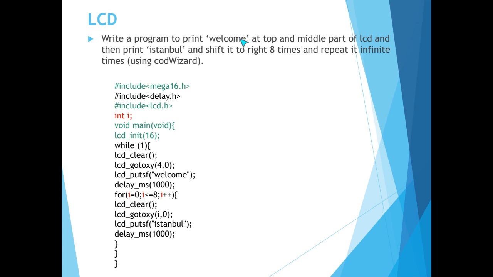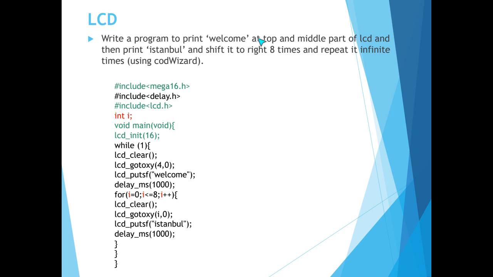But because our columns, as I said, are integer numbers starting from 0 to 15, the value 4.5 is chosen as 4. Then the cursor setting location would be as this argument inside the parentheses.